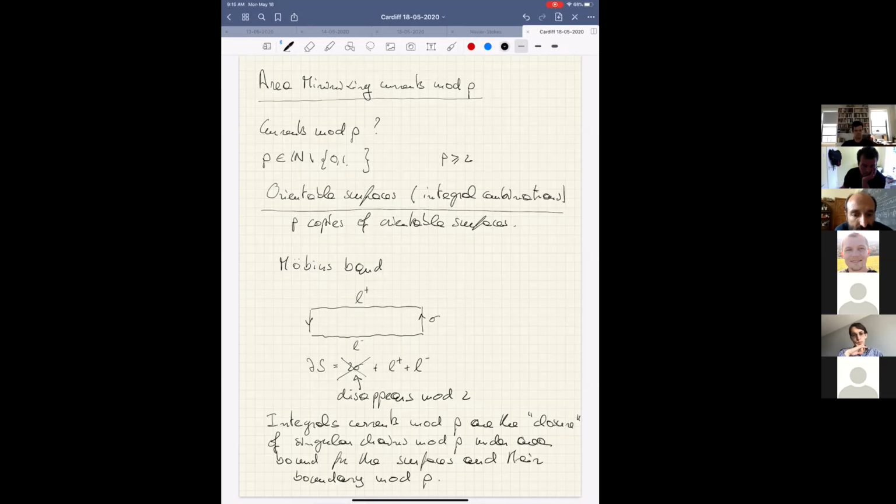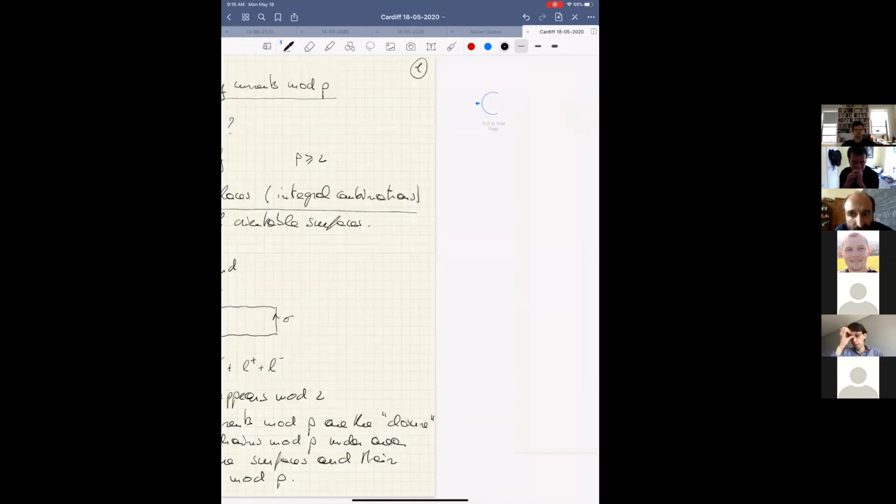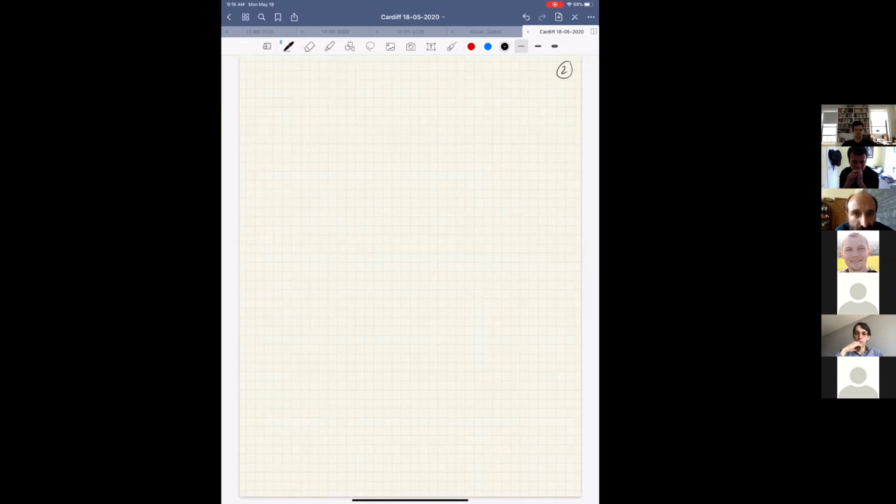Well, in the classical case of orientable surfaces, modulo P copies of orientable surfaces, I can define the area to be the least volume among all surfaces which are in the same equivalence class. So area mod P is equal to the least volume among all surfaces in the same equivalence class.